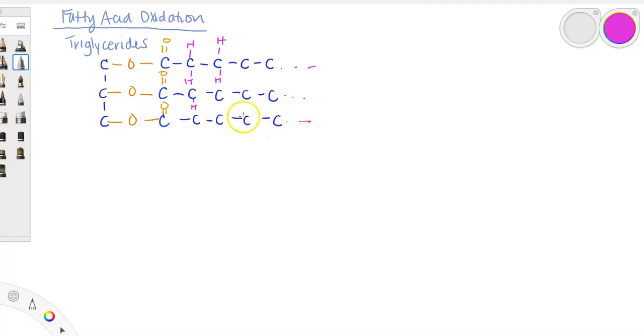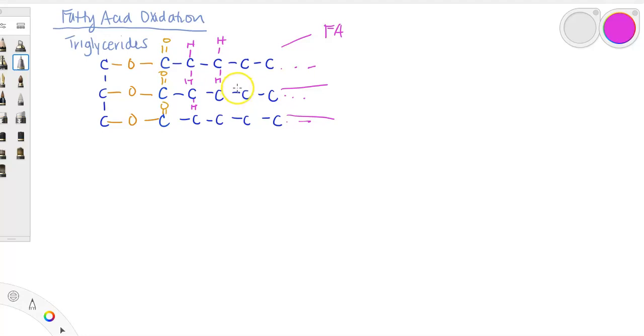So in fatty acid oxidation, we're talking about these little branches here. Those are fatty acids, not the glycerol. The glycerol we know does something else. Goes into glycolysis, whatever.